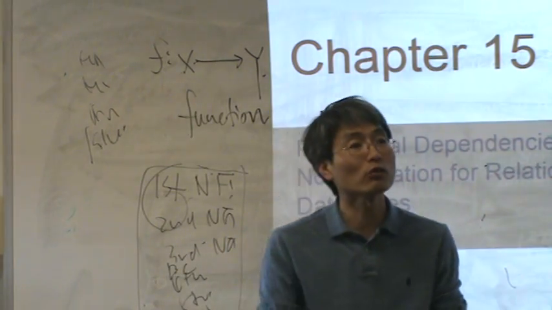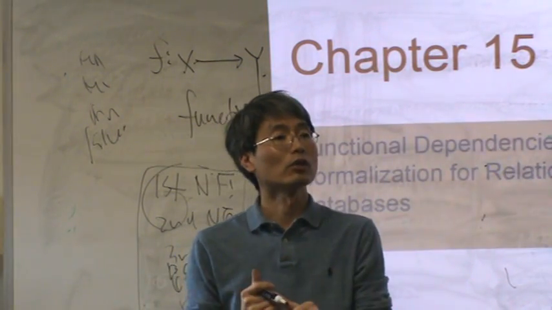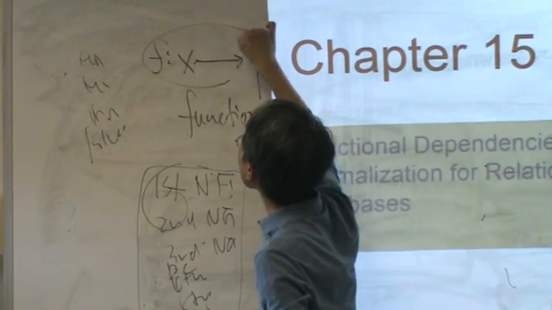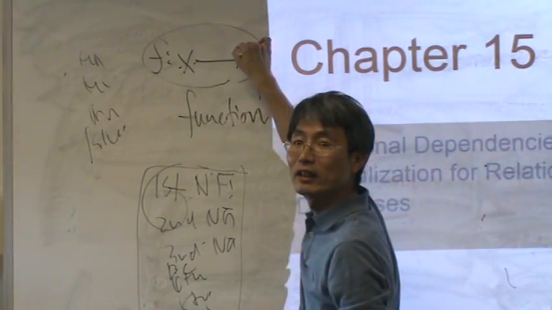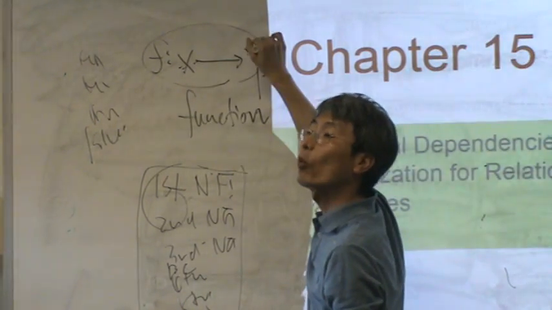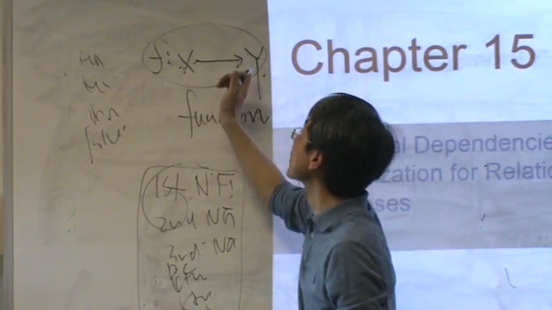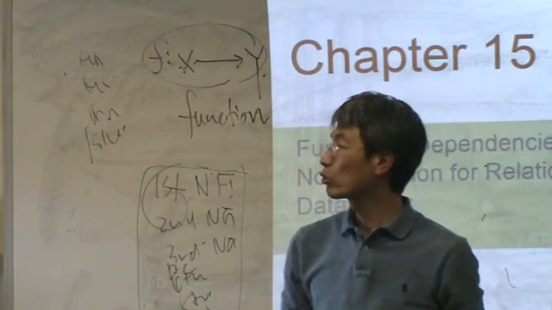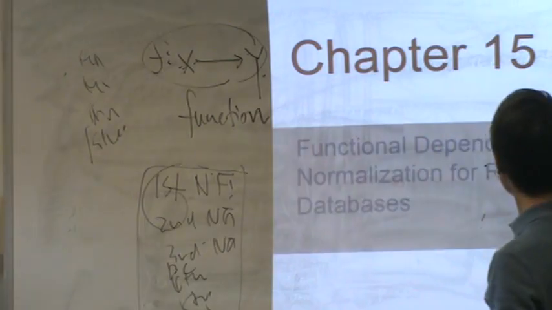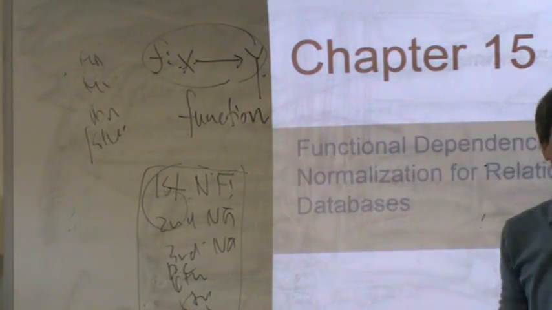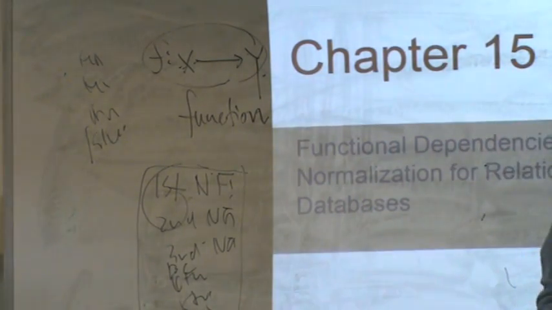Using a function, you can change the value. It can be used for dependency. In case of X, it will be Y. It's a dependency. So we will use a function to discuss functional dependency. That is the formal way of normalization in the next class.